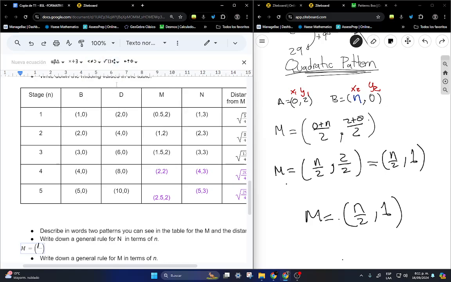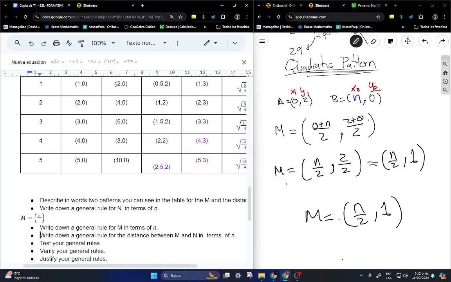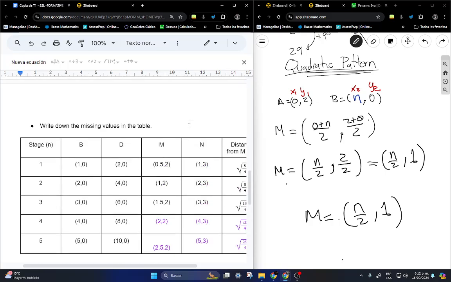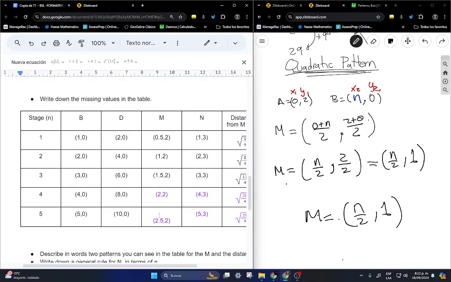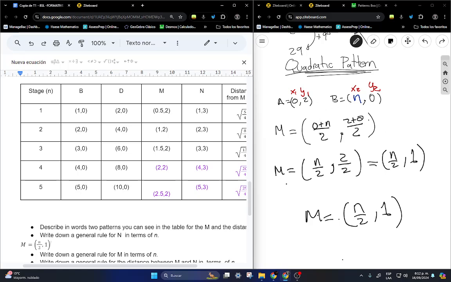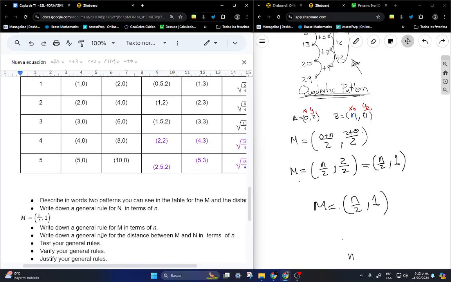Fraction n over 2, comma, 1. That is our general rule. It looks like a coordinate because it's about a point. It's a midpoint, actually. It comes from this.